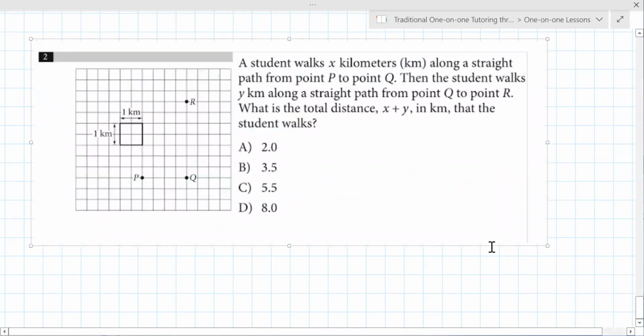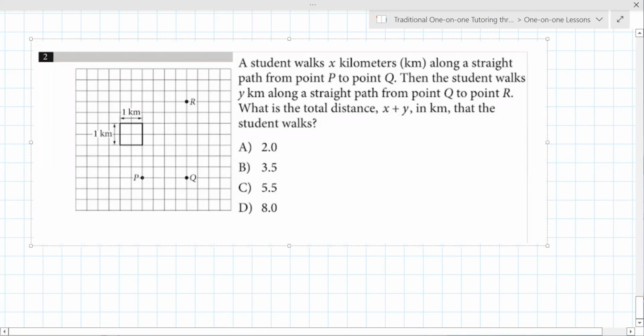What is the total distance x plus y in kilometers that a student walks? The student walks x kilometers along a straight path from P to Q. The student walks y kilometers along a straight path from Q to R. D. P to Q, then Q to R. Right?